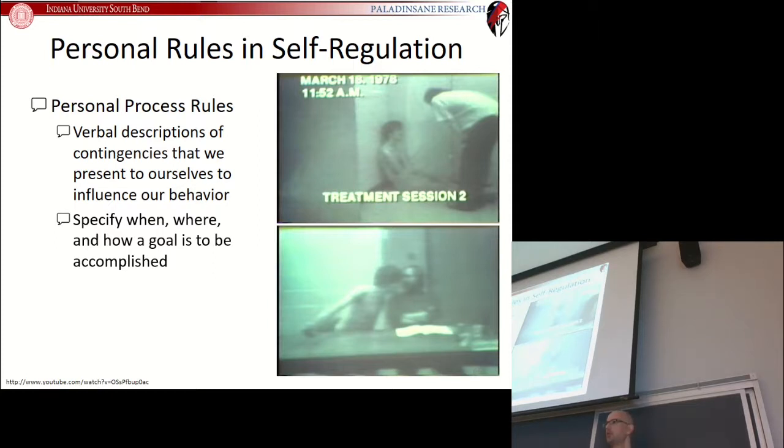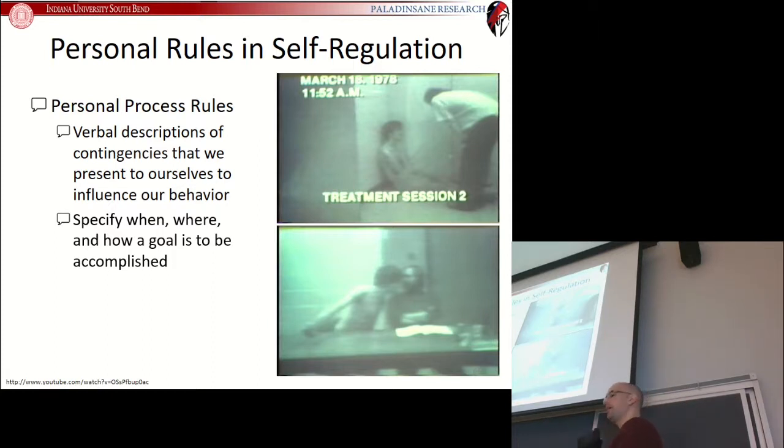And I am going to go to the Planet Fitness that is 2 blocks from my house. And in terms of getting fit, I am going to define that as decreasing my body fat index to a certain amount, or being able to run a half marathon, or some other measurable outcome. So in order for these personal rules to be effective, you need to specify when, where, and how that goal is to be accomplished.